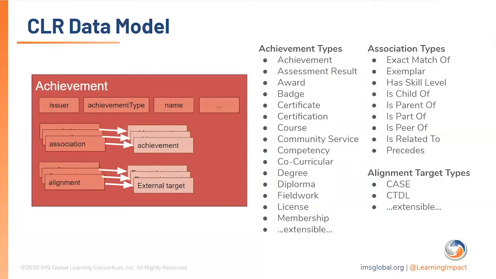The achievement class is designed to represent a wide variety of curricular and non-curricular achievement types as shown in this list. And the list is extensible to accommodate rapid growth in digital credentials. The association types allow you to build both deep and wide relationships between the achievements.